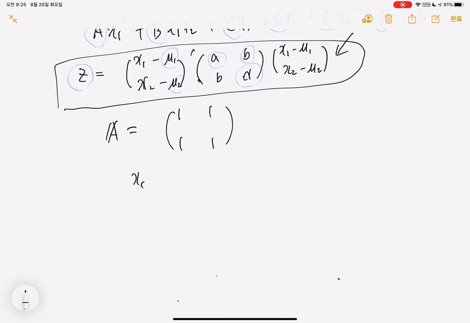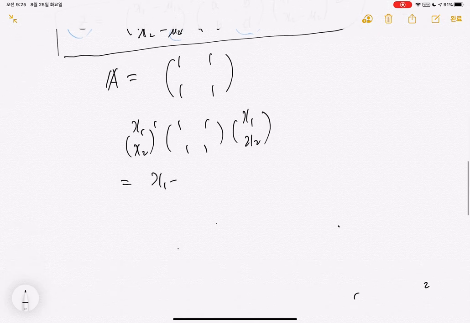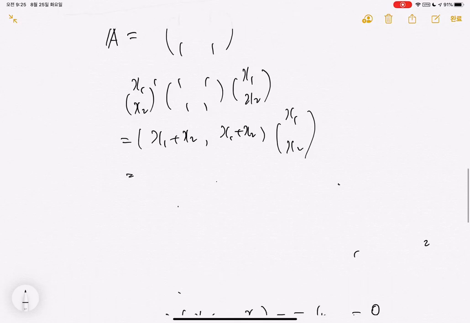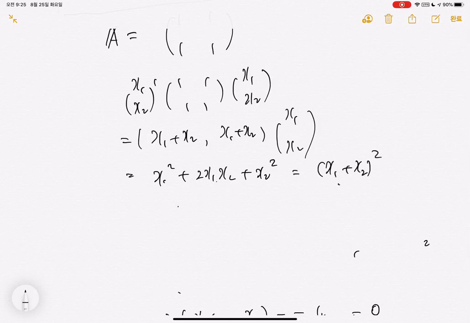Then the quadratic form of the matrix is x1 plus x2, x1 plus x2 times x1, x2, which is x1 squared plus two x1 x2 plus x2 squared, which is (x1 plus x2) squared.